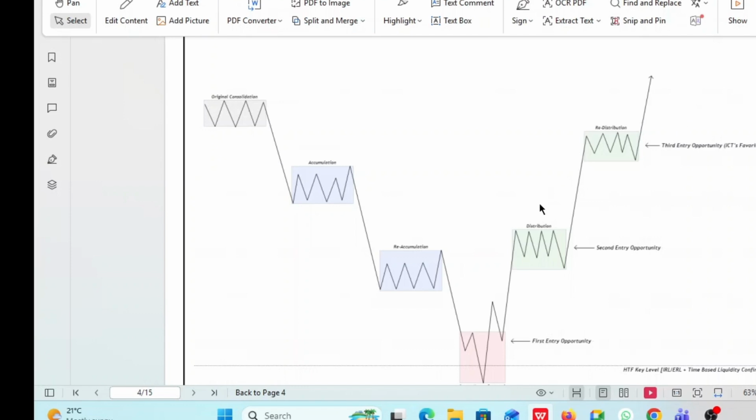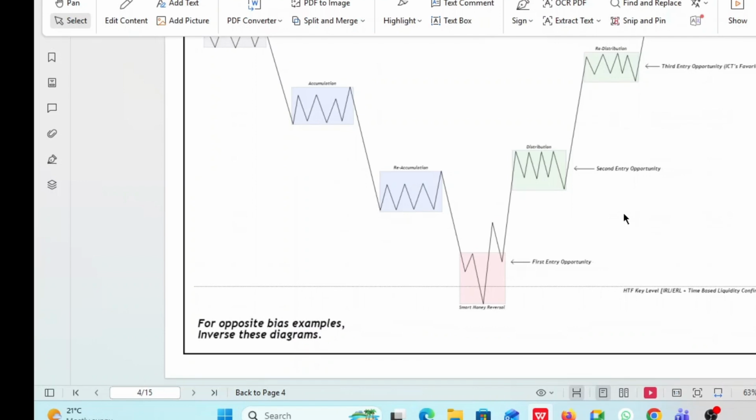So your first entry was here, your second entry is here, your third entry is here, which means for the second entry you'll be using the profit of the first entry as your stop loss. So in case the market goes against you, you are not risking your capital. The third entry, you are risking the profit of the second entry. So in case the market goes against you, your account is still safe.